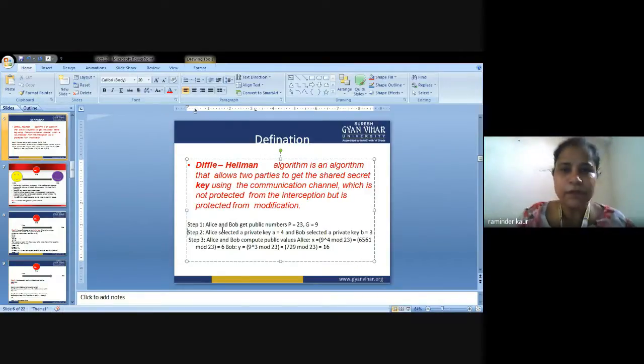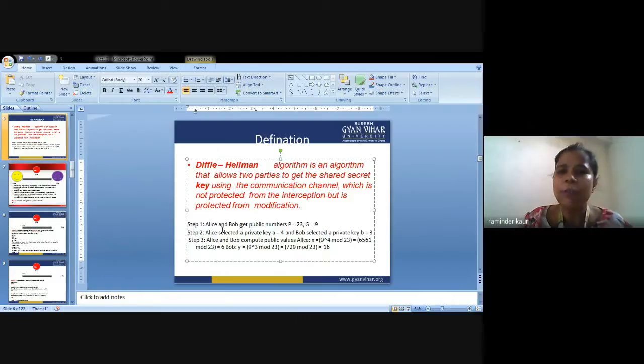So this is the first step. Alice and Bob get public numbers, P is equal to 23, G is equal to 9. The second step is they select private keys, A is equal to 4 and B is equal to 3. Next is the third step. They both compute the values using the formula X is equal to G raised to power A into modulus of P. In the same manner, Y has the same representation but in the opposite sense.